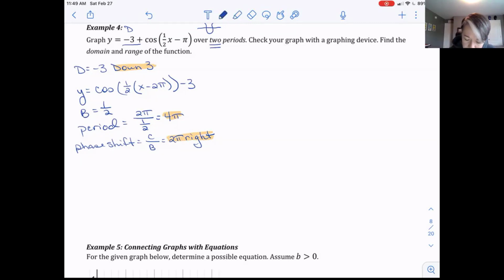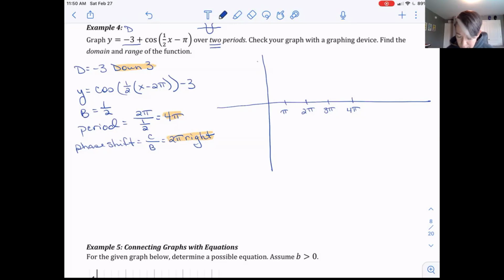So let's graph this. I want to make it somewhat small because we are going to be wanting to do 2 periods, right? So we have a period of 4 pi. So I'm going to put my 4 pi here and then cut my halfway at 2 pi, cut that in half to give me pi. So this guy is going to be 3 pi. And we're dealing with cosine, so our graph's a little bit different.